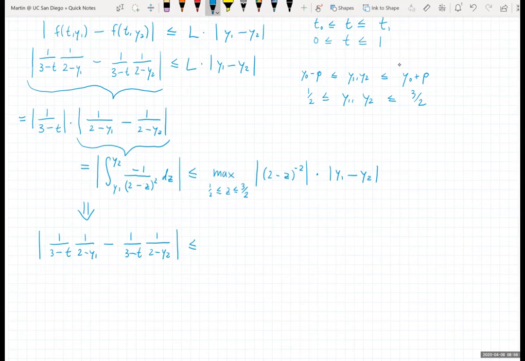It's bounded from above by the maximum of t between 0 and 1 of 1 over 3 minus t, times the maximum of z between 1/2 and 3 over 2 of the function 2 minus z to the negative 2, times y1 minus y2.